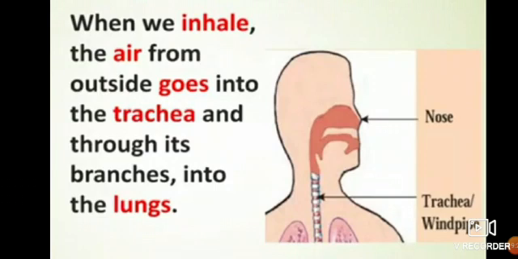So when we inhale the air from outside, it goes into the trachea and then through its branches into the lungs. So what happens when we take in the air from outside into our body? It goes into the trachea, that is known as windpipe. And then this trachea moves it into the branches in the lungs.